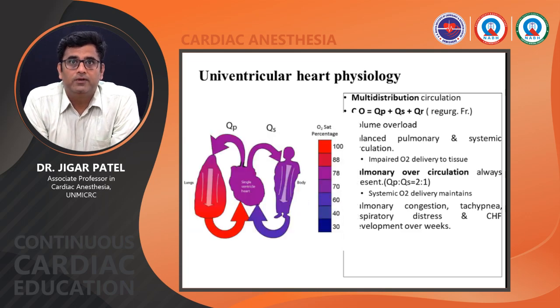Here, cardiac output is divided: part of it goes into pulmonary circulation and part of it goes into systemic circulation. And if there is a regurgitation, then part will go as regurgitation. So it is a multi-distribution circulation, and here the single ventricle functions as both ventricles, which leads to a volume overload condition.